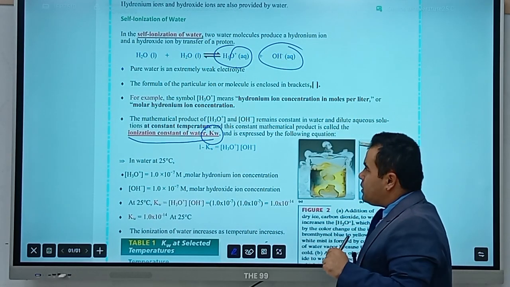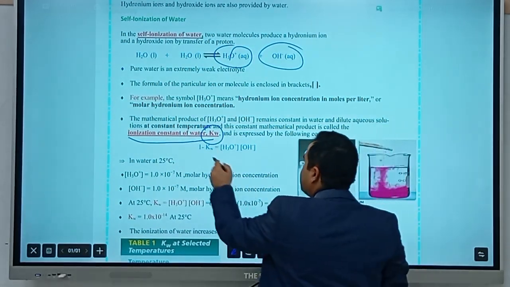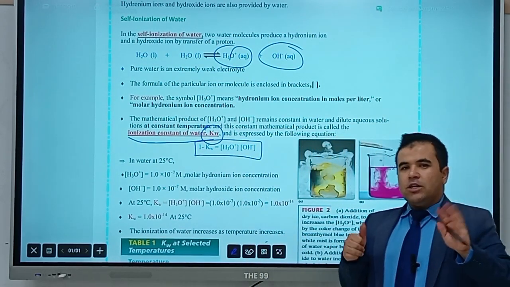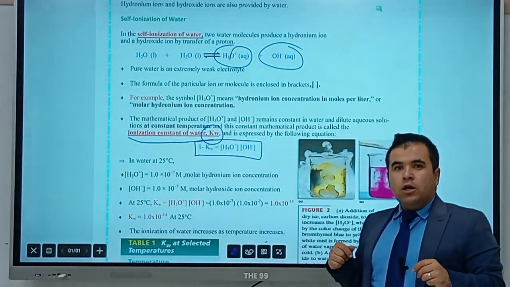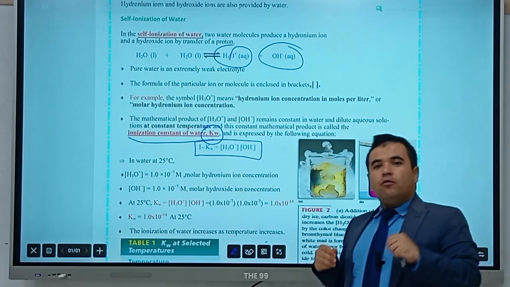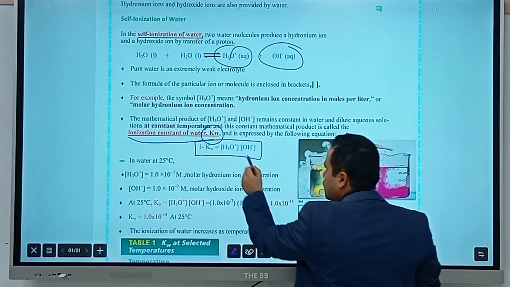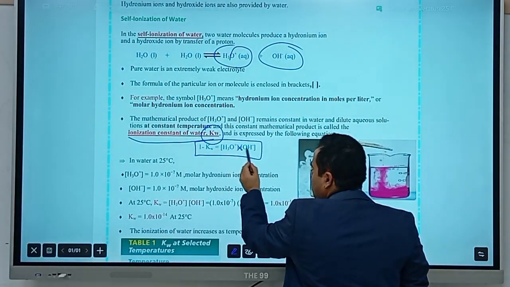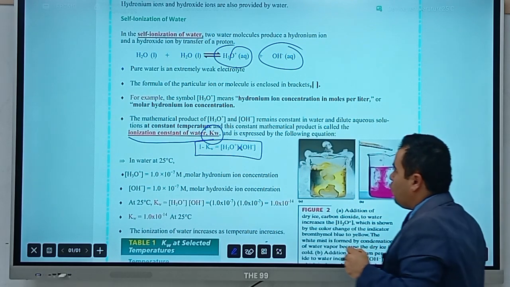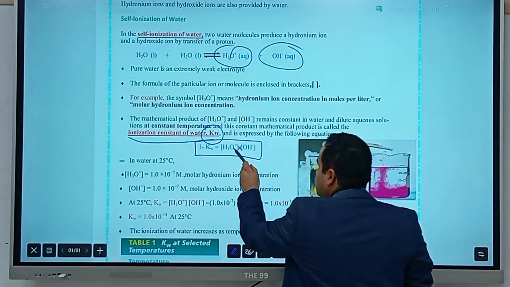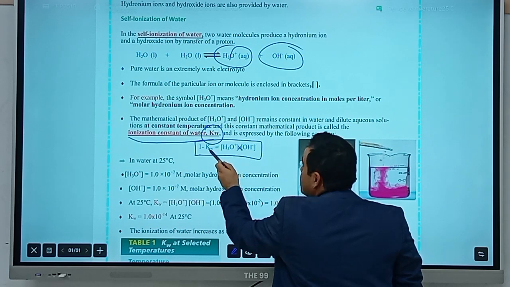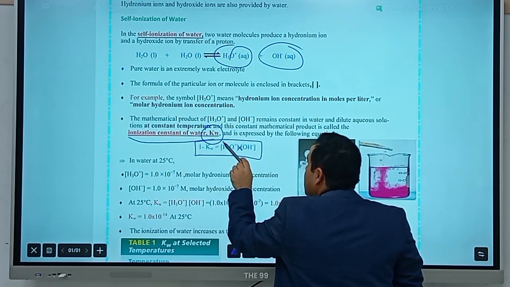This degree of ionization of water can be calculated through an equation. In this section, guys, we have 6 equations. This is the first equation, where Kw is equal to the multiplication of the hydronium and hydroxide concentrations. Here we multiply the hydronium and hydroxide concentrations and we get the Kw. Why? Because, as I told you, it represents the ionization constant of water, the ionization degree of water.